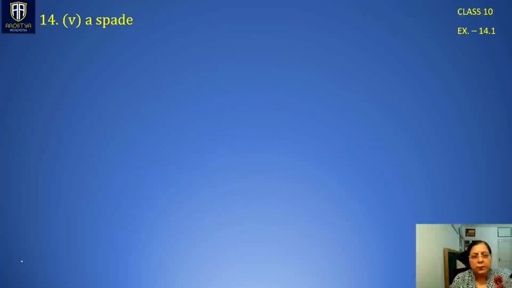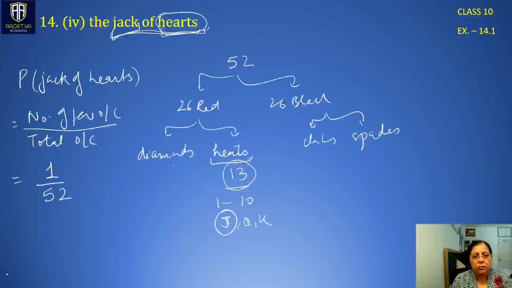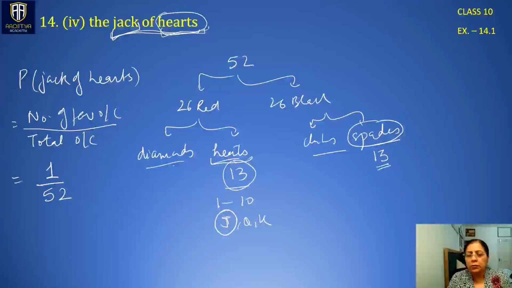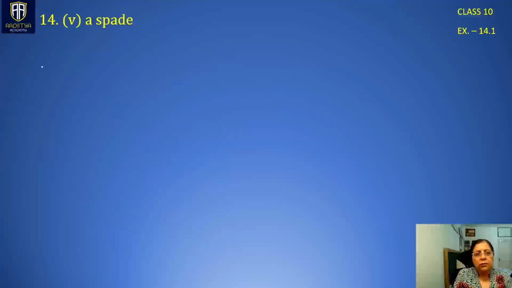Next we have a spade. So to just go back to this. There are 4 suits: diamonds, hearts, clubs and spades. So spades are 13 in count. This is a suit. We have 13 cards which are spades. So when we talk about a spade, probability of drawing a spade, we write number of favorable outcomes.